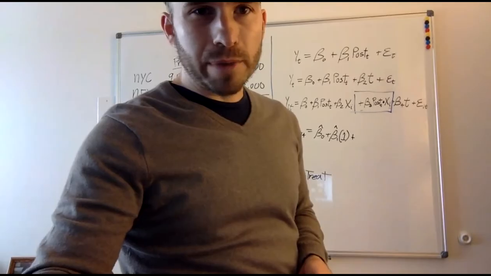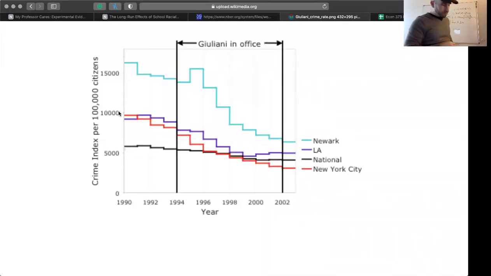And let's look back at this figure. The idea is if prior to our policy implementation, the changes in the outcome variable are matched across the treated group and the counterfactual group, then that's a pretty persuasive argument that one is a good counterfactual for the other.